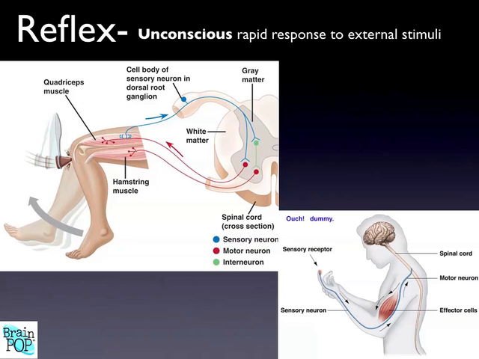Now there are some actions that can happen more quickly than that, and we call these reflexes. A reflex is an unconscious response to some stimulus. For example, probably all of us have touched something really hot, burned your finger, right?